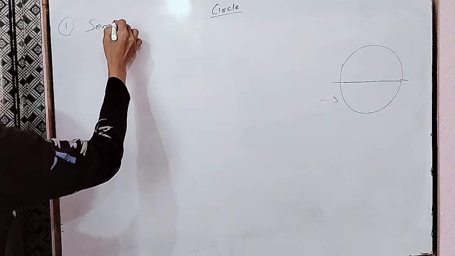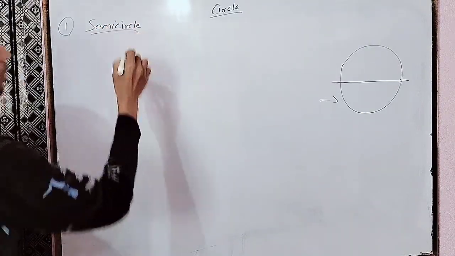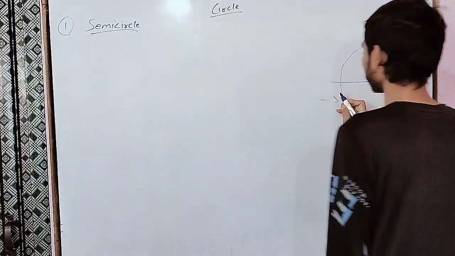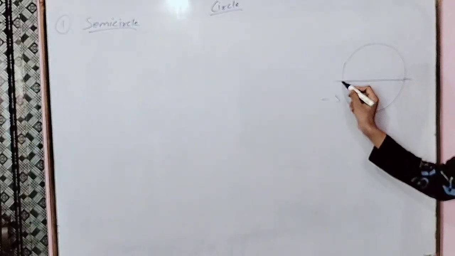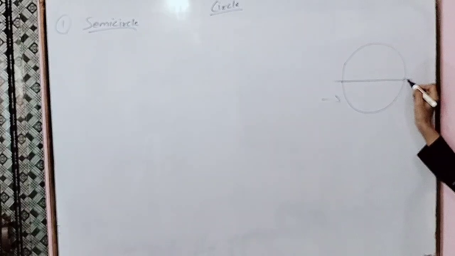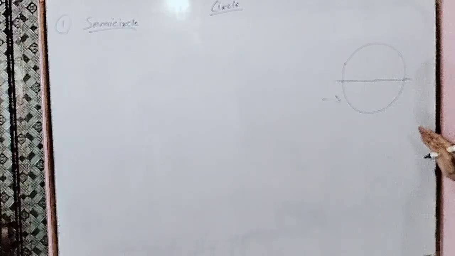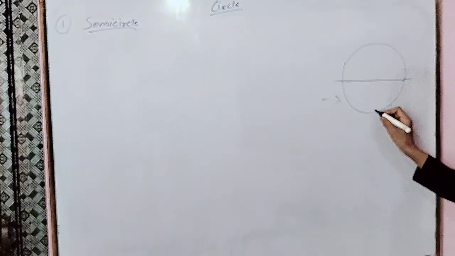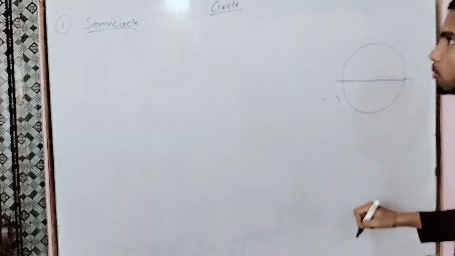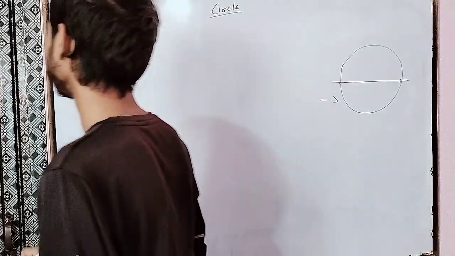So the answer would be semicircle. Here you can see the question is saying there is an arc that starts from one end of a diameter and ends at the other end of the diameter, then what will be formed? Here you can see this is forming a semicircle of the full circle.